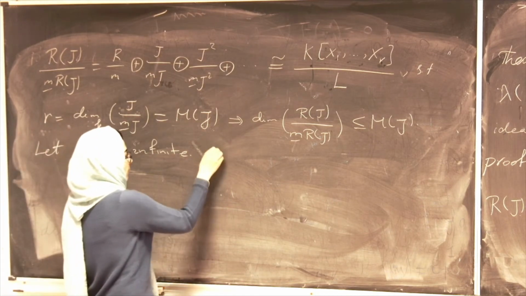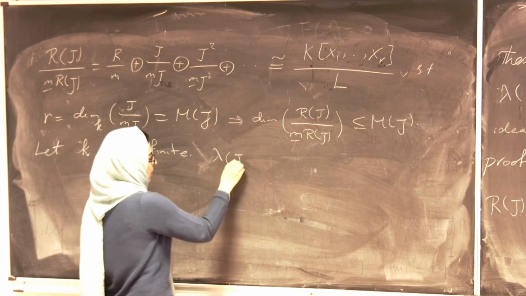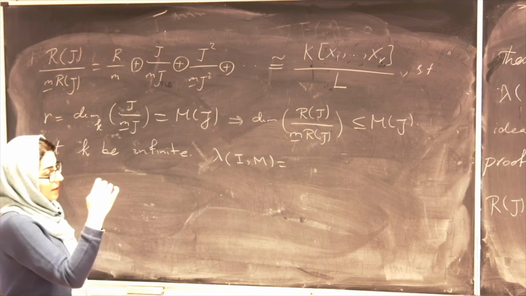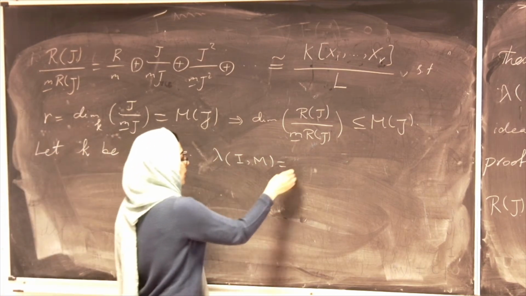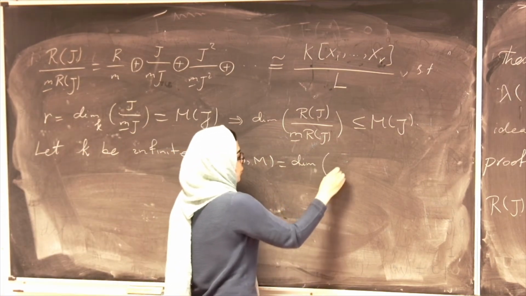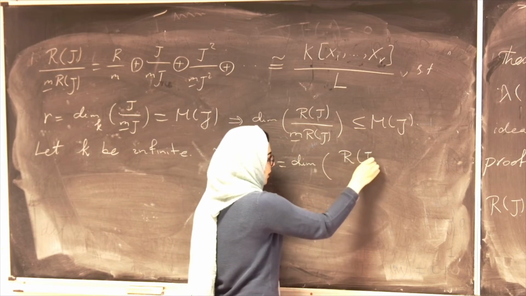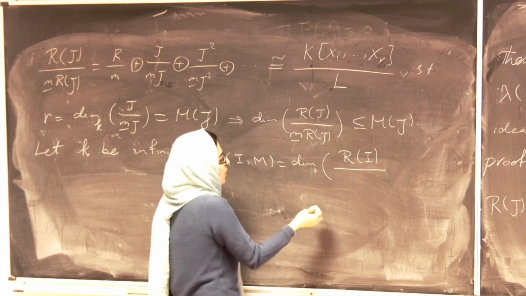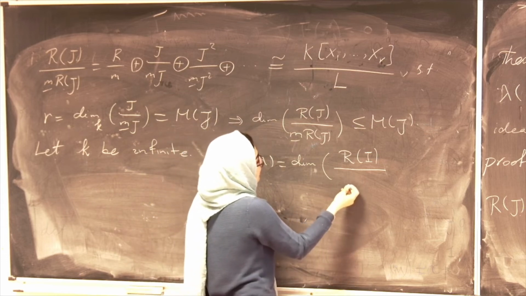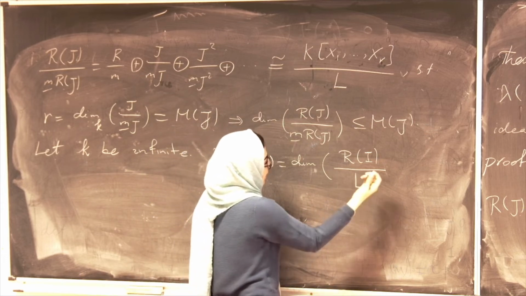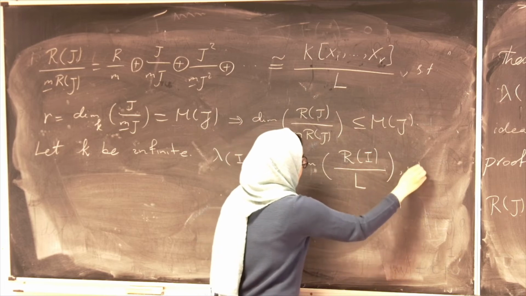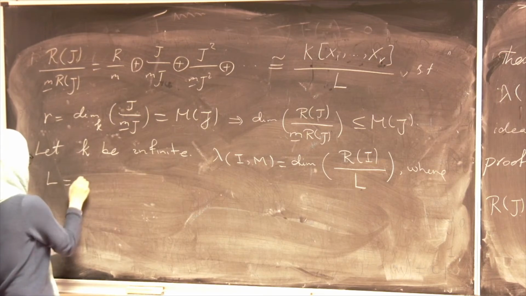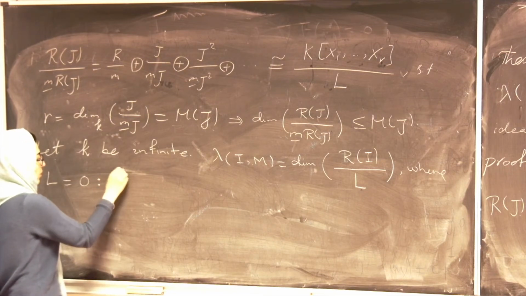So we have lambda I M, which we know is the dimension of this quotient module. It is just the dimension of the ring RI mod out by, say, L, such that this L is just the annihilator of our module.